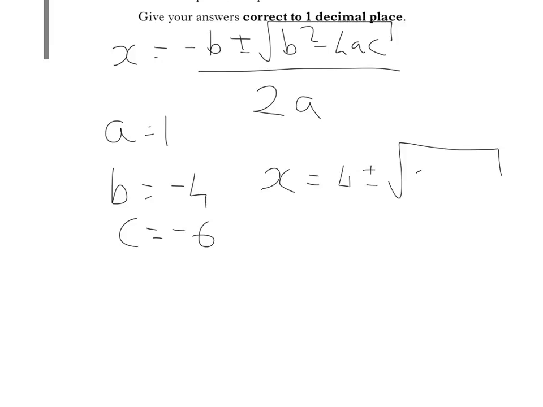So for b squared, it's going to be minus 4 squared, minus 4 times a, which is 1, times c, which is minus 6, all over 2a, which is 2 times 1, and that's 2.